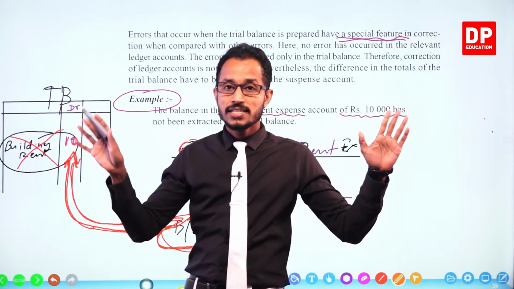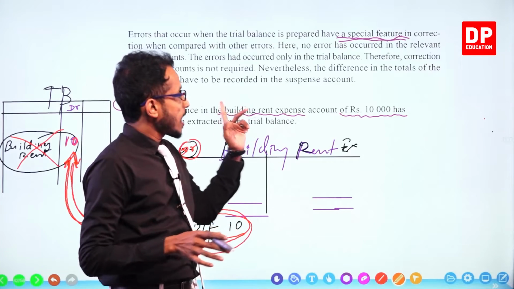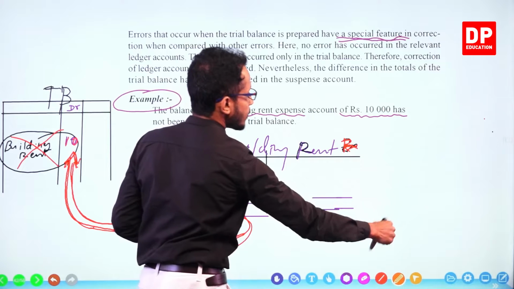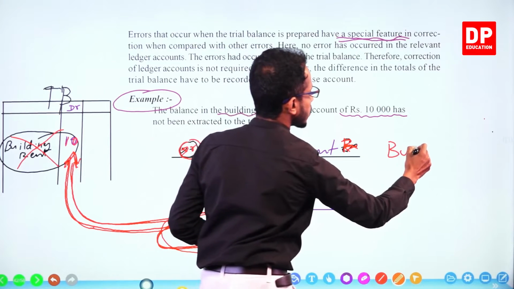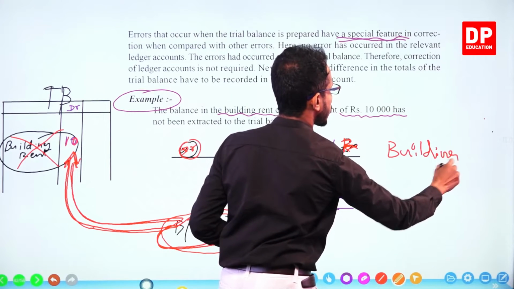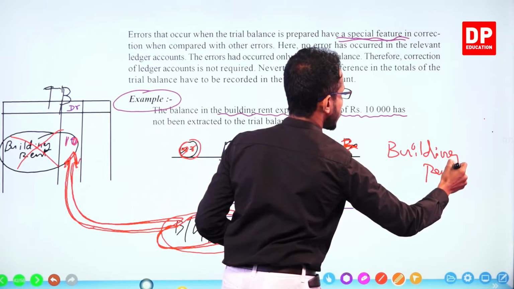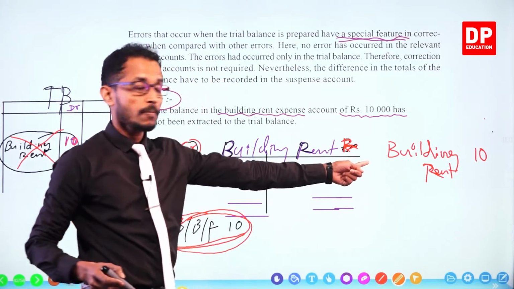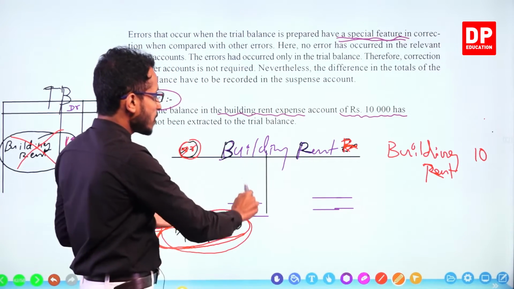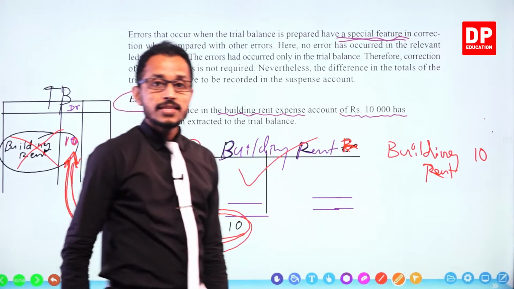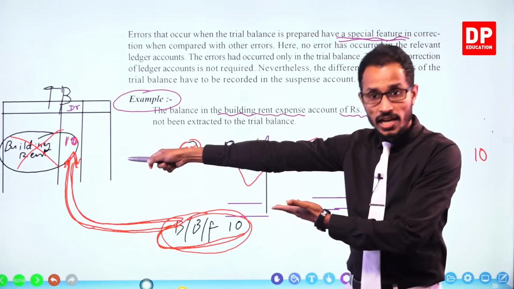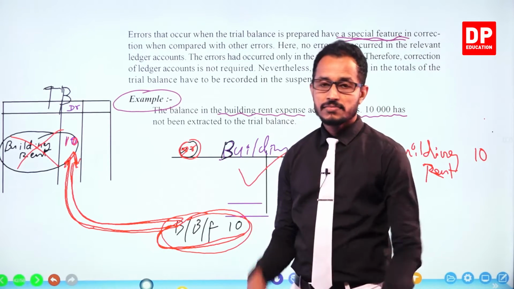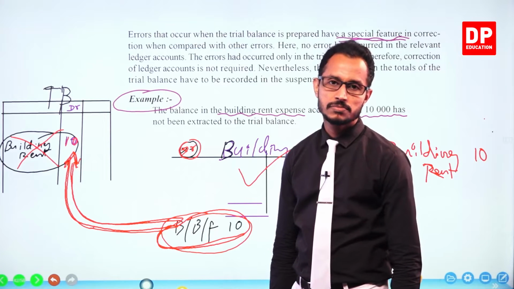But if you write this entry as building rent account debit, that's wrong, because there's nothing wrong with the building rent account. It's correct. The error has occurred in the trial balance only. You can't write a double entry. That is the difference of these errors.